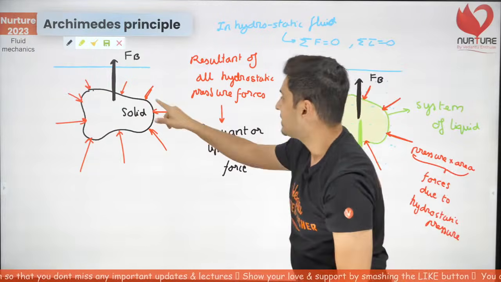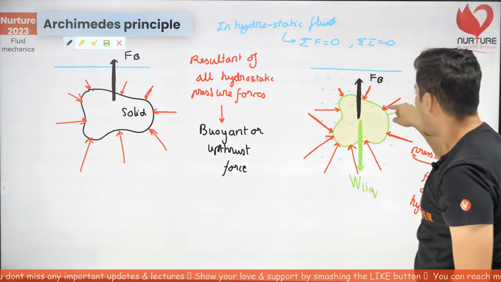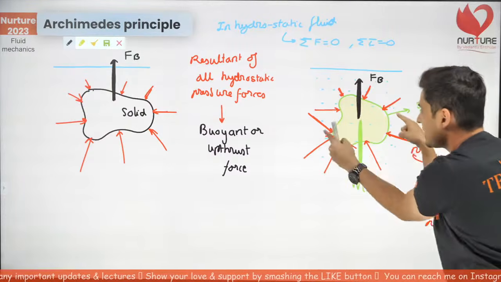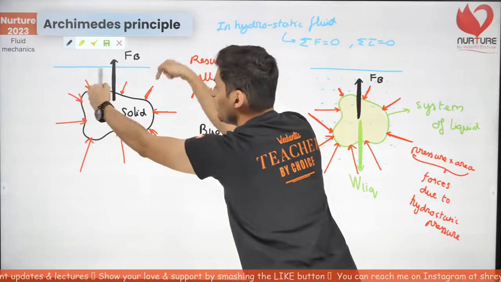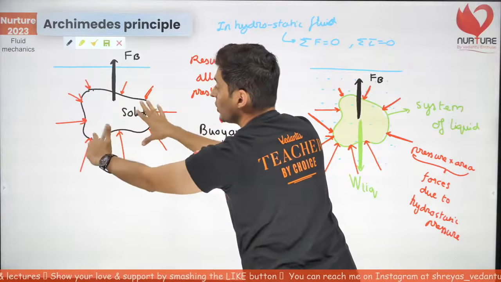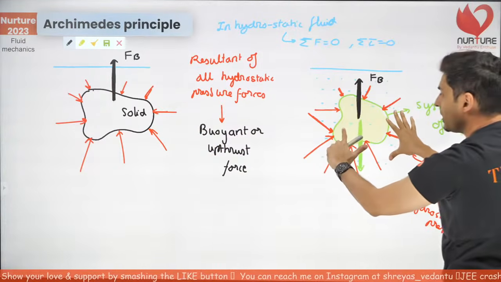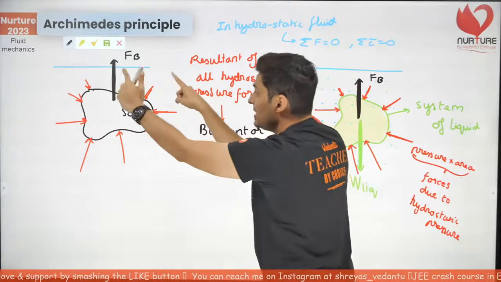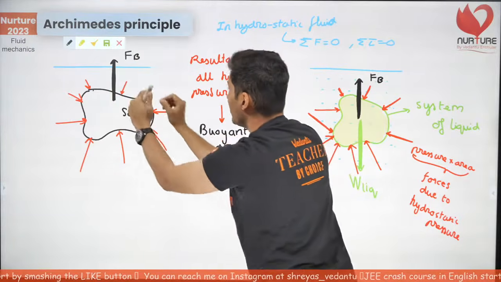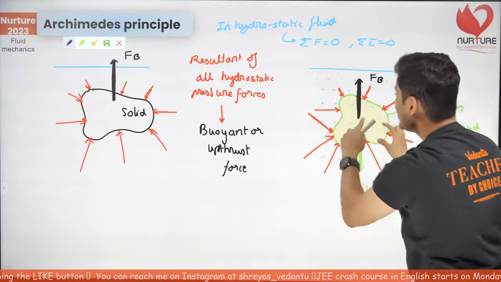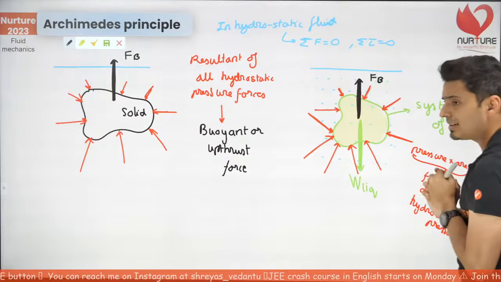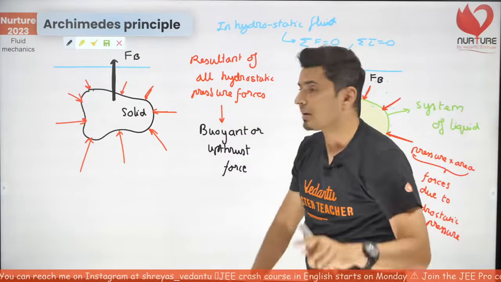Makes sense? Because at this point, there will be the same pressure as at this point. If I take the same shape, same size, whatever arrow marks I am drawing over here, the same arrow marks should come over here. If these arrow marks produce this resultant here, these arrow marks for the same shape should produce the same resultant over here. So do you agree?